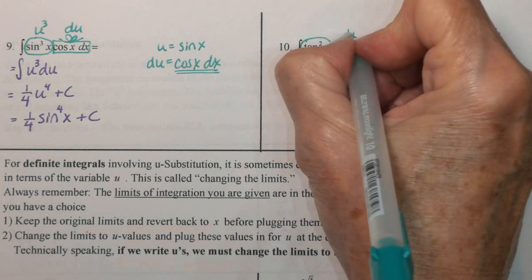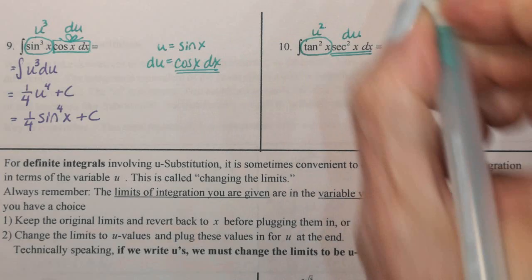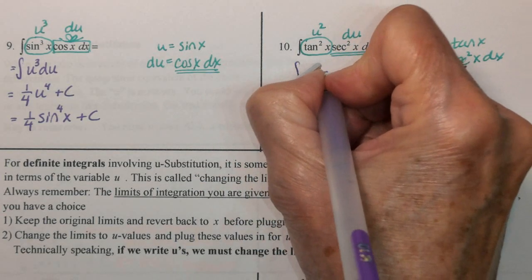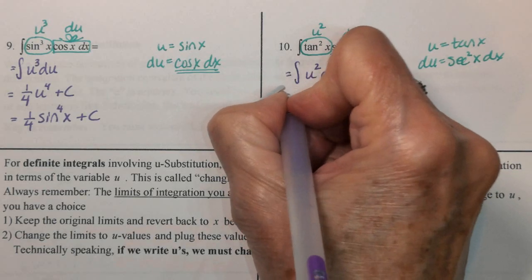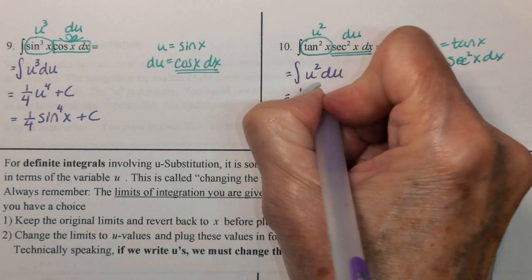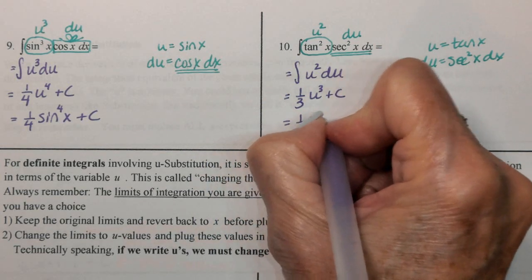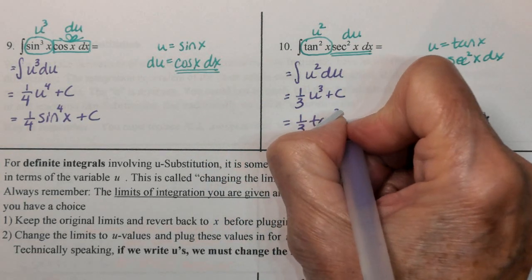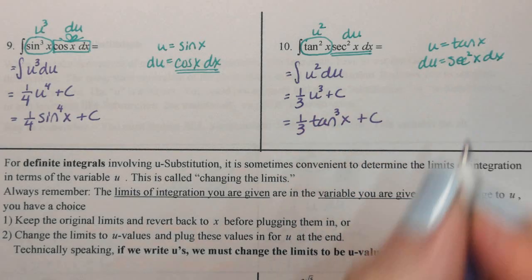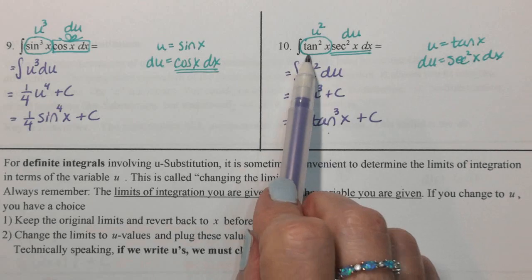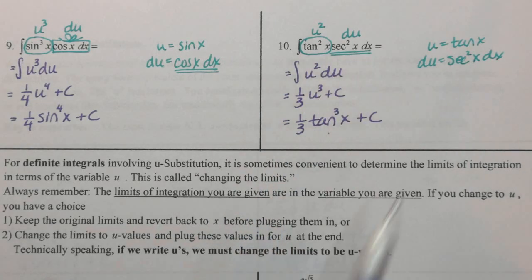So this is my du, this is u squared, so my integral is u squared du. Little power rule here, 1/3 u cubed plus c, written as a multiple choice answer, 1/3 tangent cubed x plus c. If you take the derivative of this, you will get the integrand.